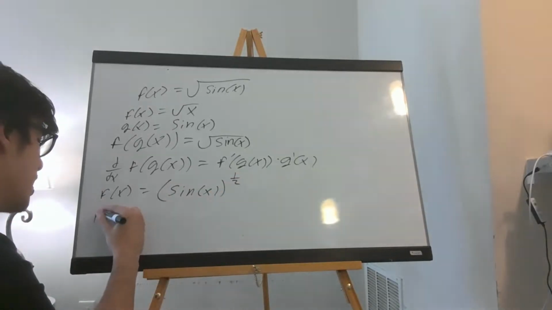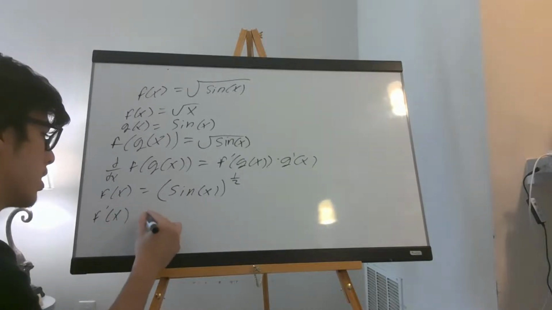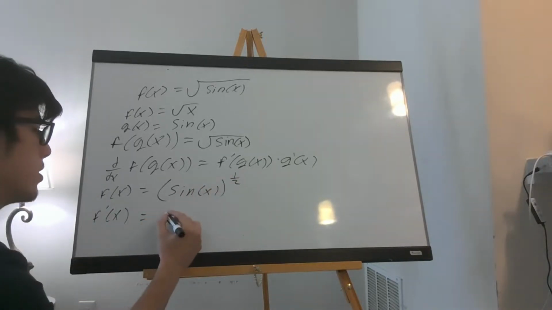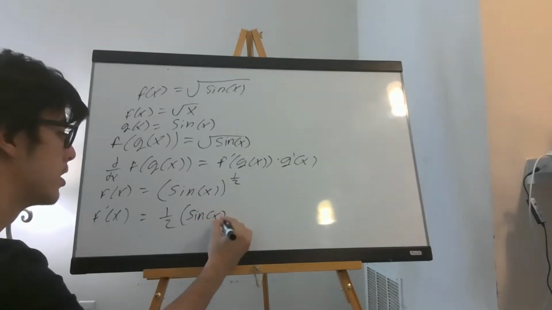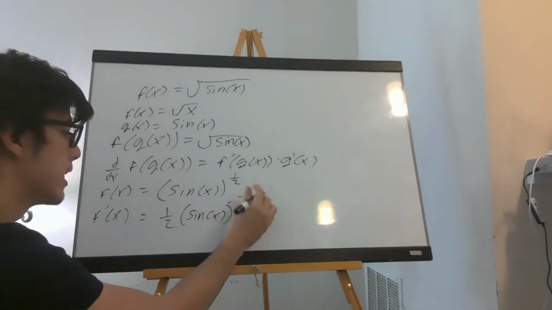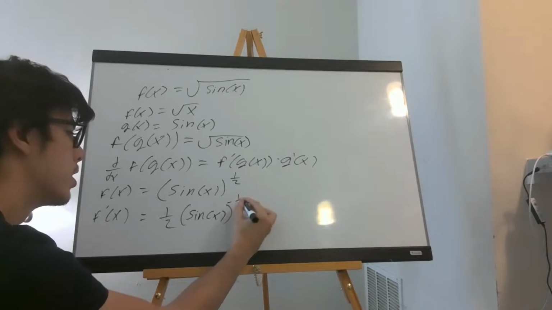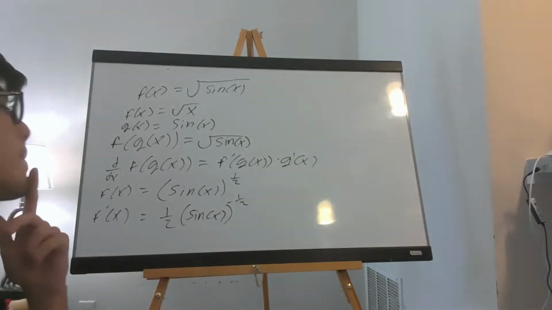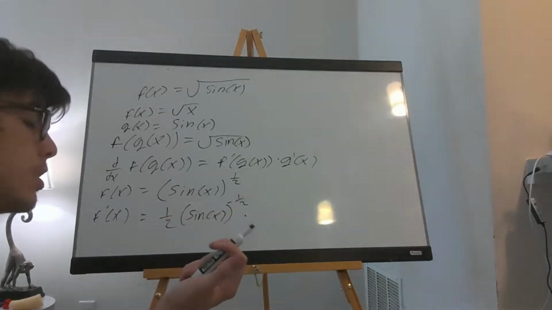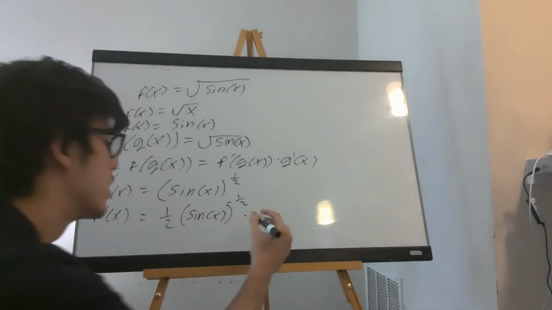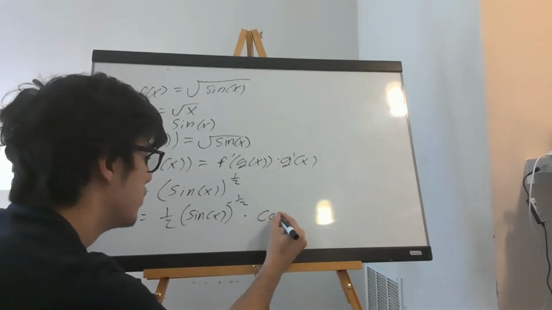Then we know that f prime of x, we'll take the derivative of the outside first. So 1/2, keep the inside the same, sine of x to the negative 1/2. Then we multiply by the derivative of the inside, and the derivative of sine is cosine of x.